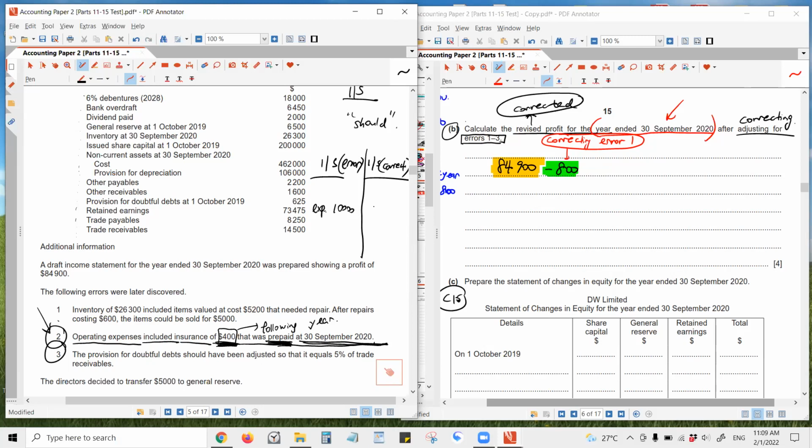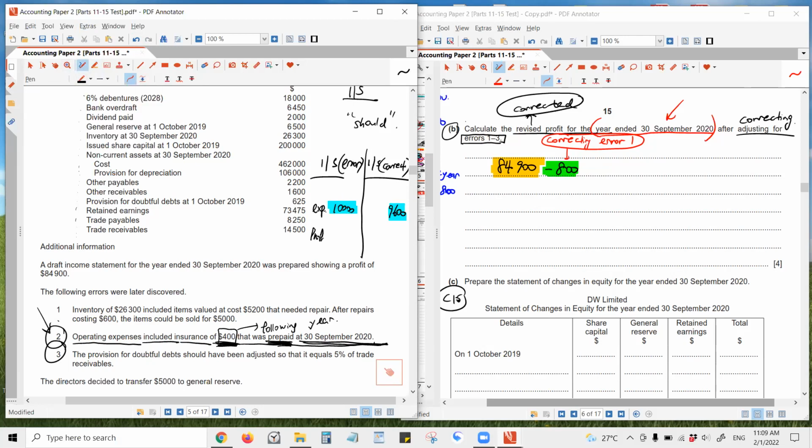And now you have to remove this 400 because the 400 is for the following year. So you minus 400, it would become 9,600. The wrong expenses is 10,000. Now we remove the 400 that is for the following year, then it becomes 9,600. What would happen to the profit for the year?